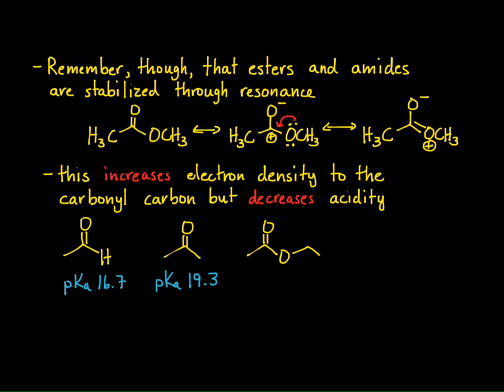When you get into esters, here I have ethyl acetate, ethyl acetate has a pKa of 24, so it's quite a bit higher than that of aldehydes and ketones, which means it's a lot less acidic. Amides also are even less acidic than esters are, and you see amides have pKa values around 25.